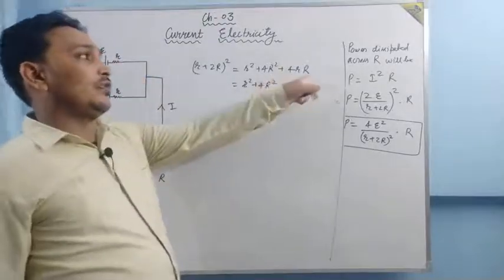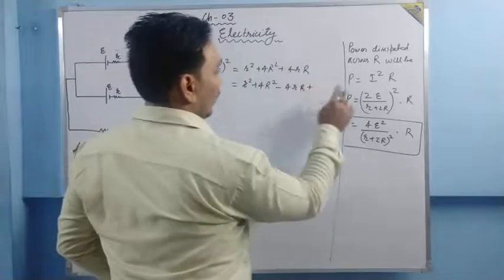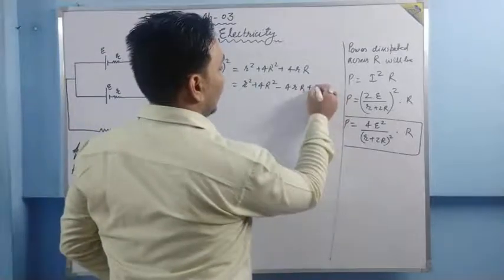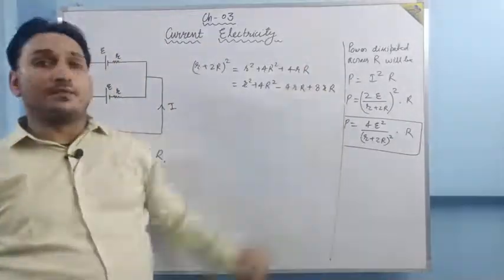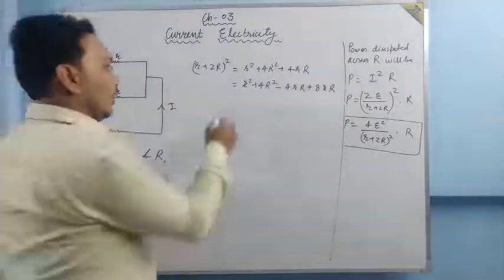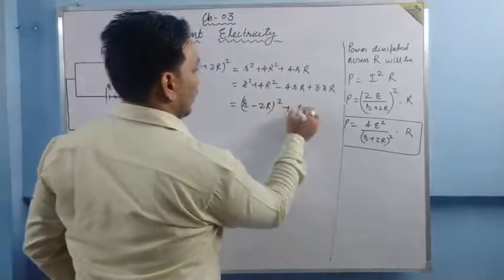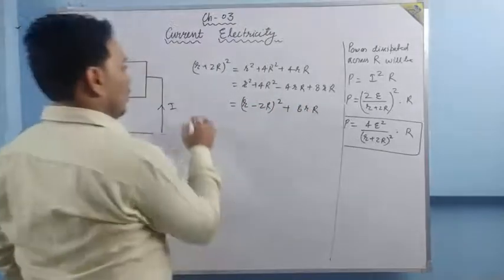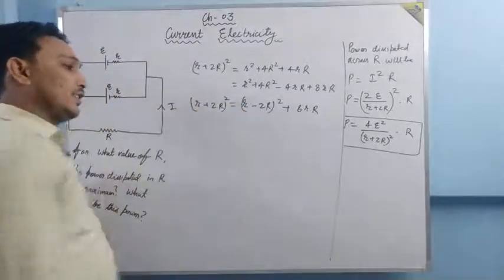Plus 4rR is already there. Minus 4rR I have written. So for compensating it, let me write 8r capital R. If you solve this, you are going to have this. Then it can be written as r minus 2R whole square plus 8r capital R. So this r plus 2R whole square can be represented as this.